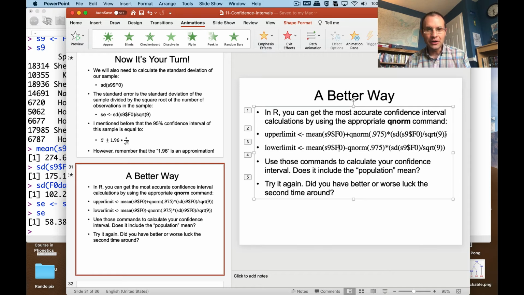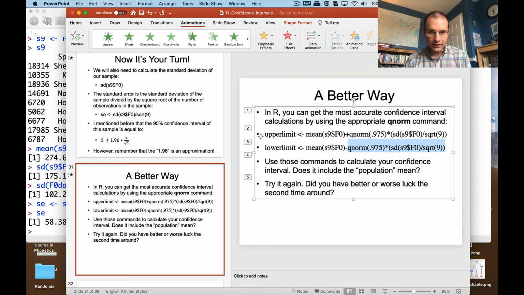So to get the lower limit, I do basically the exact same thing by using the qnorm command again. But in this particular case, I'm going to subtract that value. So the only thing that's changing between these two equations is that plus is going to a minus down here. And this is going to give me basically the left-hand side of the interval, multiplying qnorm of 0.975 times the standard error in this particular case.